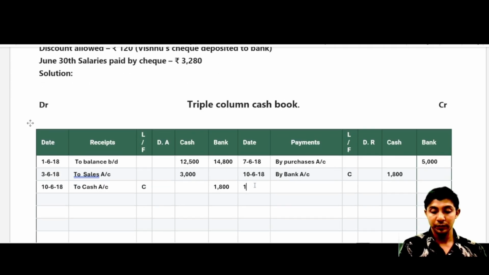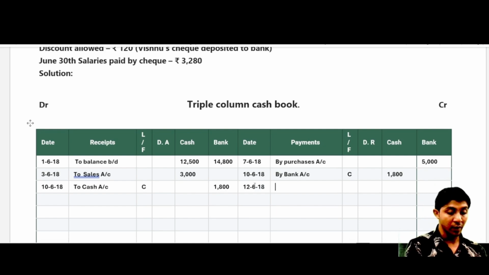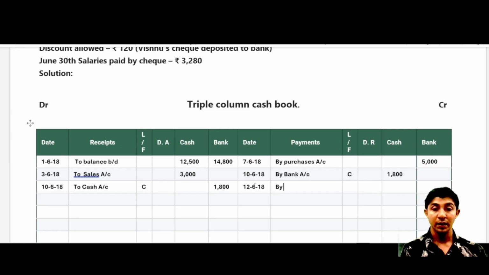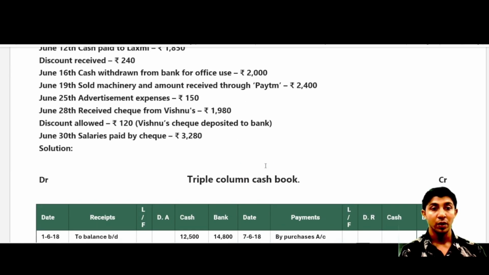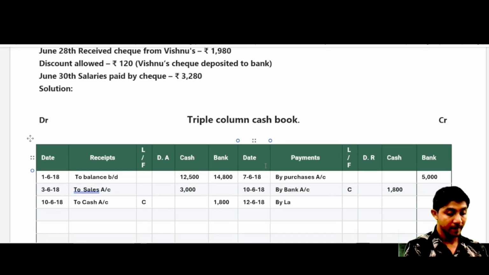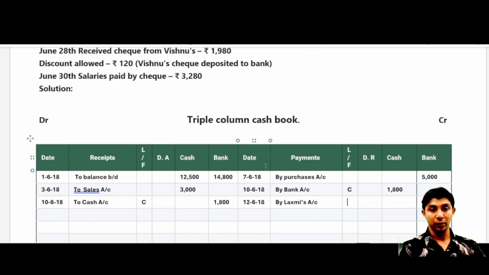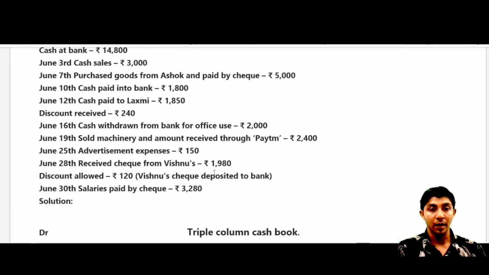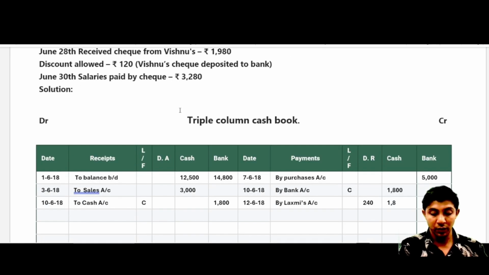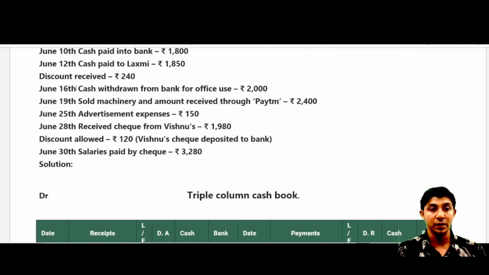The date is 12th June 2018, and in the payment column we need to write by whom you paid the money, cash paid to Lakshmi, Lakshmi's account. The discount is 250 and the amount is rupees 1850. Done.